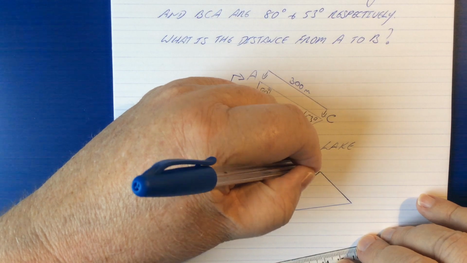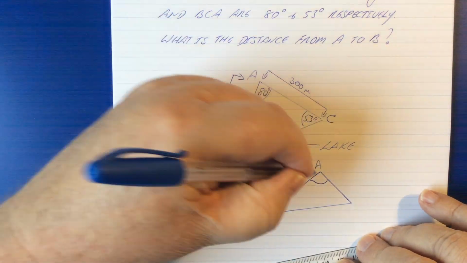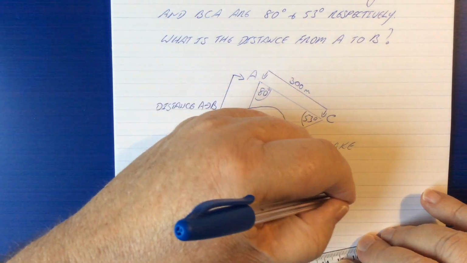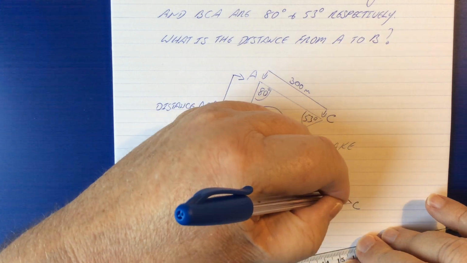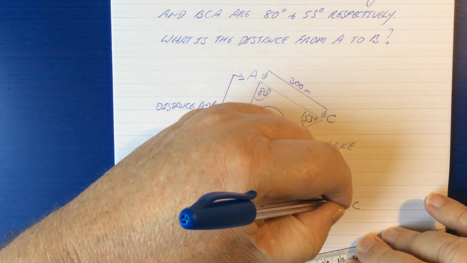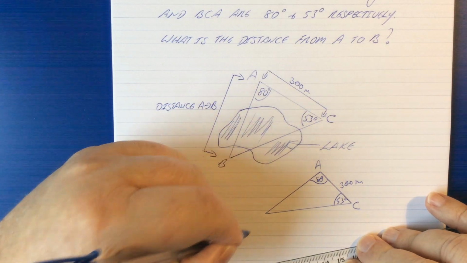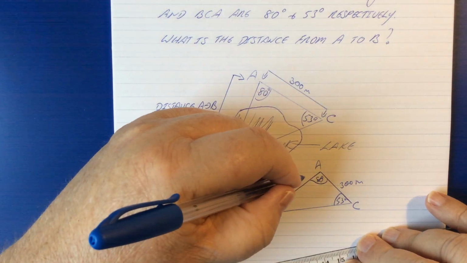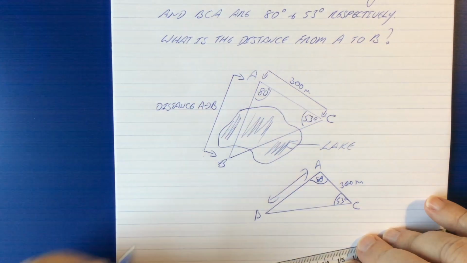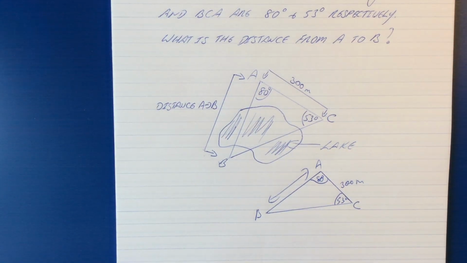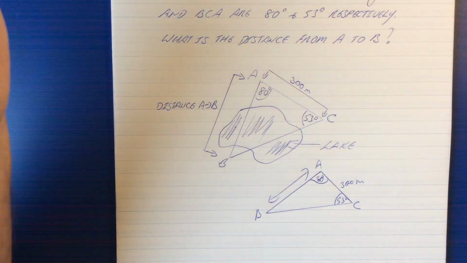So we have A up here, we have 80 degrees, we have C here and 53 degrees, that is 300 meters, and we have point B here, and we're looking for this distance. So that's it tidied up.